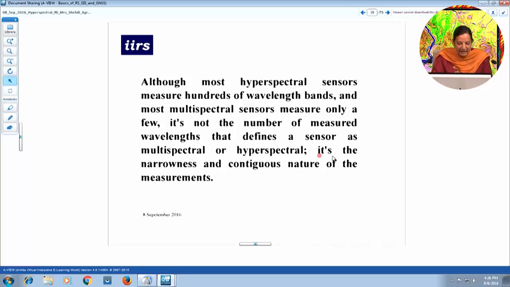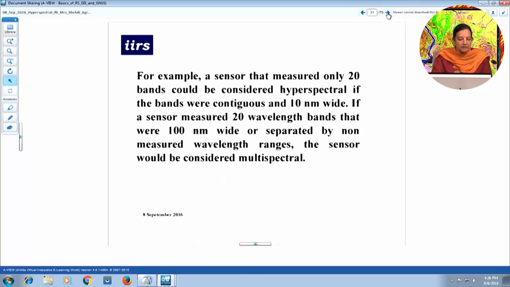So the main criteria to call it hyperspectral is the narrowness of the bands and the contiguous nature of the bands. Even 20 bands which are 10 nanometers wide and contiguous in nature can be called hyperspectral sensors. Right?